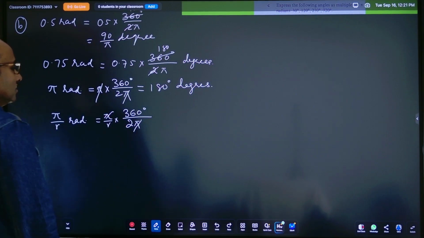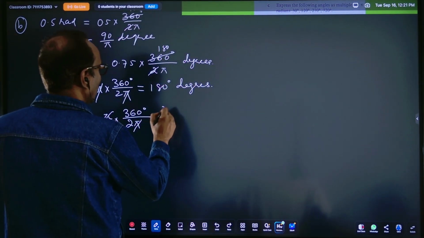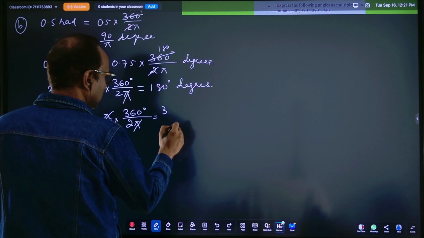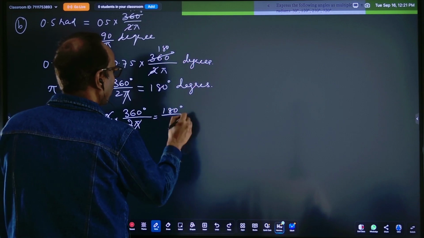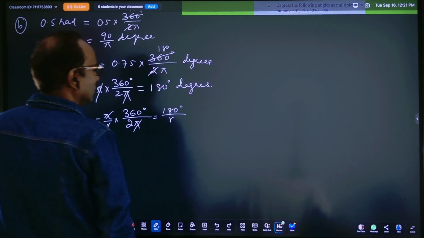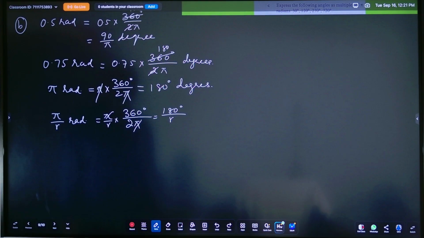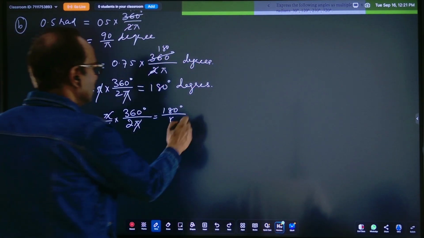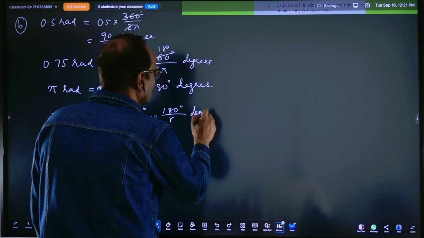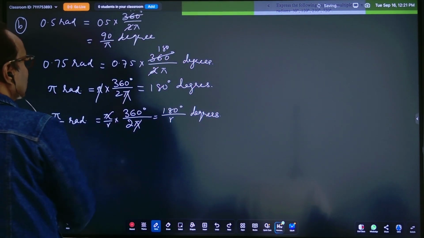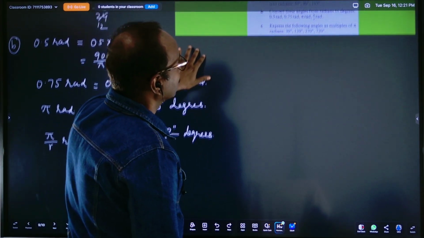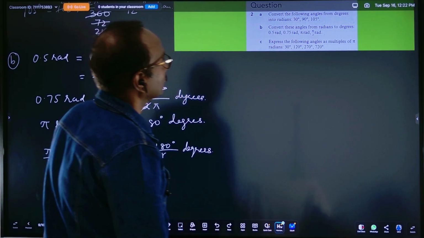Pi and pi cancel, so 360 degree by 2r, or 180 degree by r, in degrees. You must write degrees or radian for identification of what we are doing.